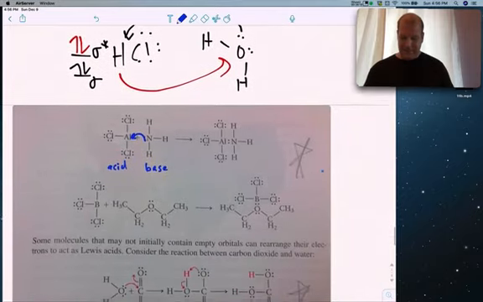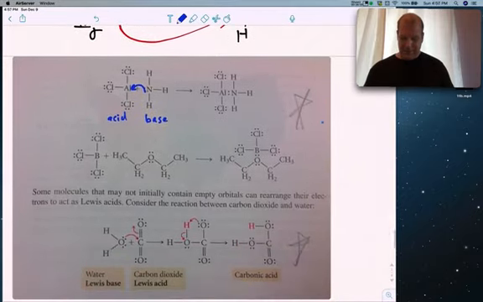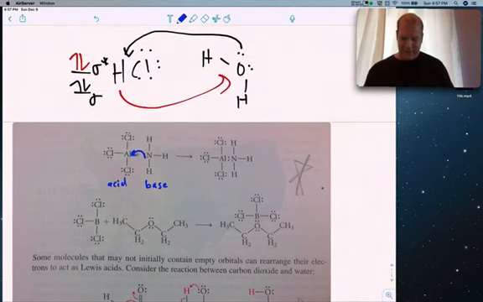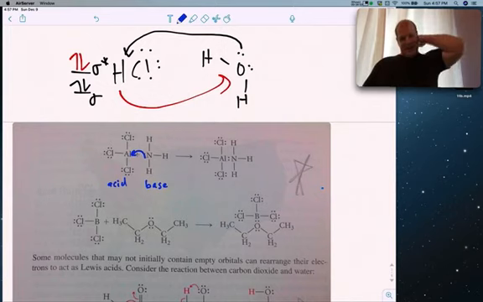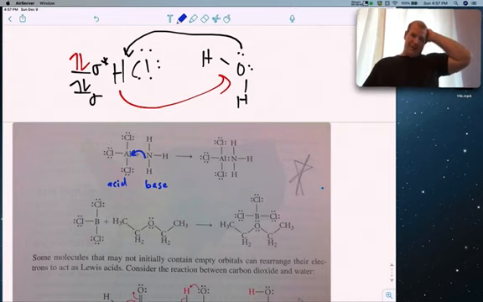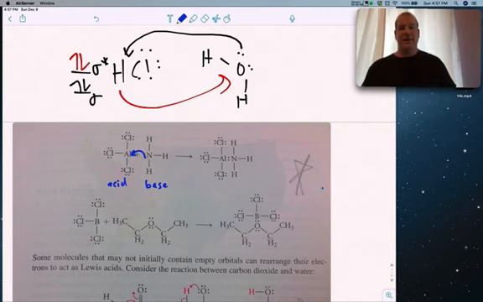And also, there are some things that act as a Lewis acid. You get certain reactions where it's a Lewis acid. As I mentioned before, Lewis acid-base theory works for everything. It's the most general, a better definition than Bronsted-Lowry. The reason an acid is a proton donor is because of the electrons.